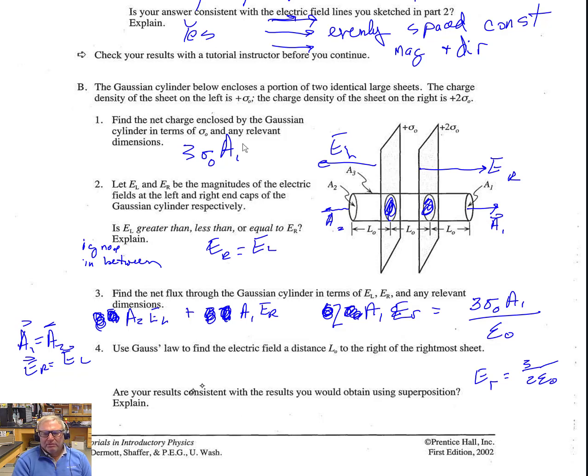Superposition, yes, because as long as I'm not in between, if we call this 1 and 2, field 1 is sigma 0 over epsilon 0, and then the other one is 2 sigma 0 over epsilon 0.